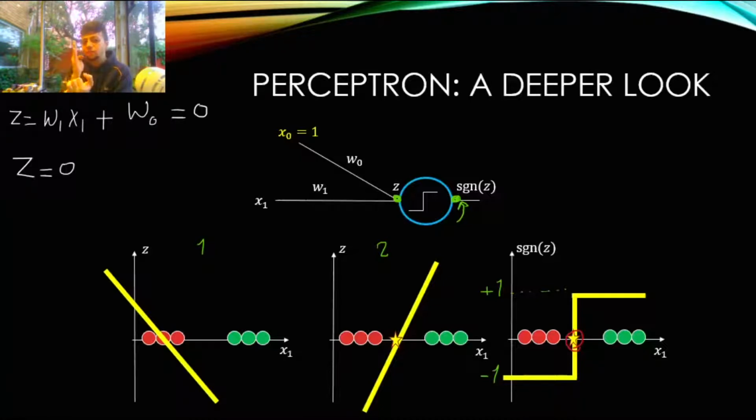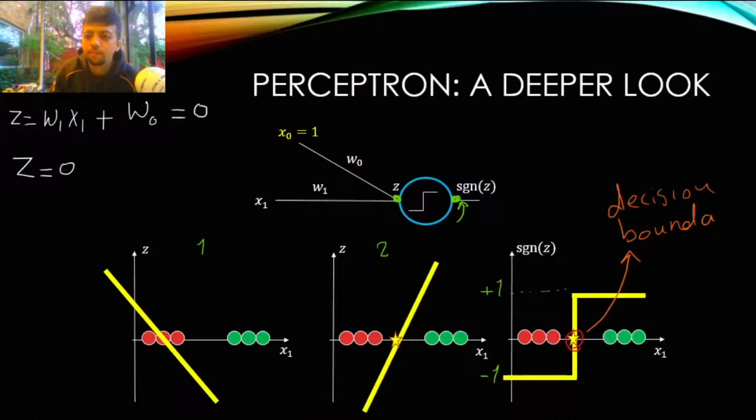That point is called the decision boundary, right? Now ask yourself, in one-dimensional data, our z was a two-dimensional geometric figure, meaning a line.